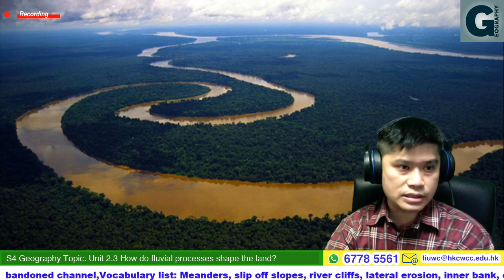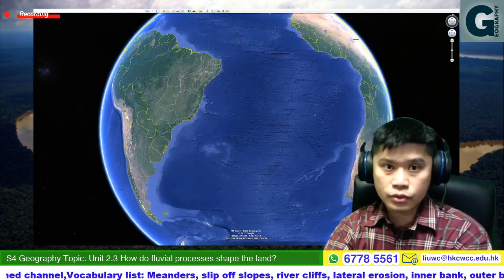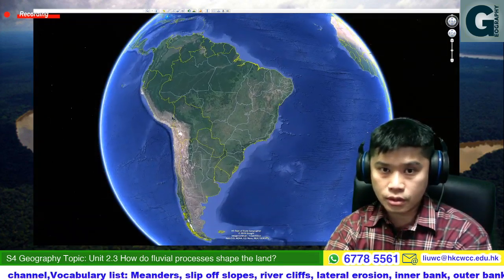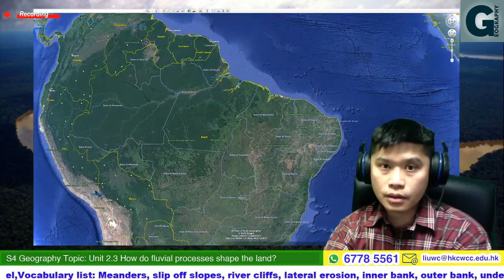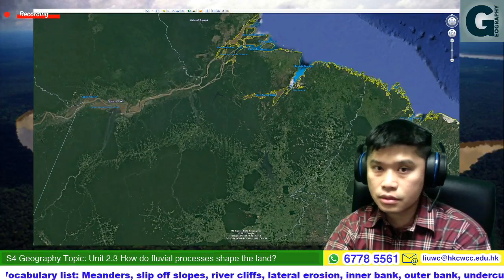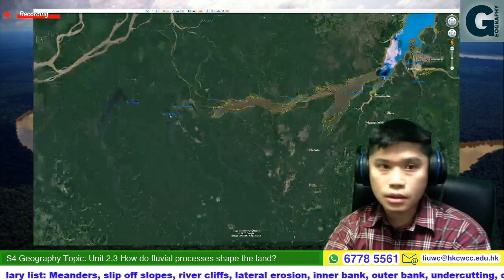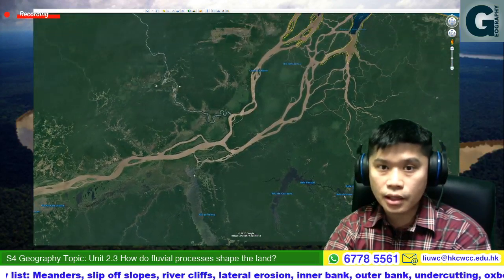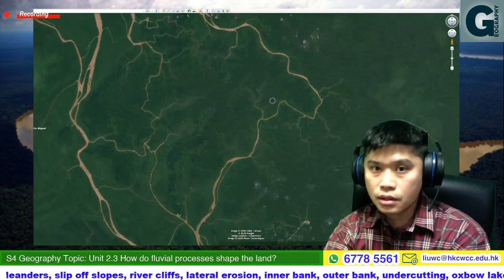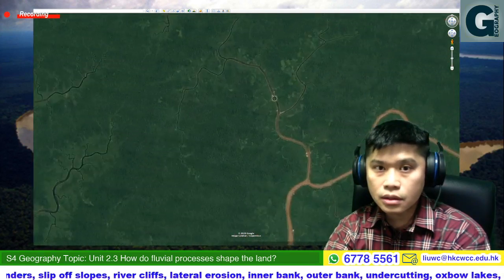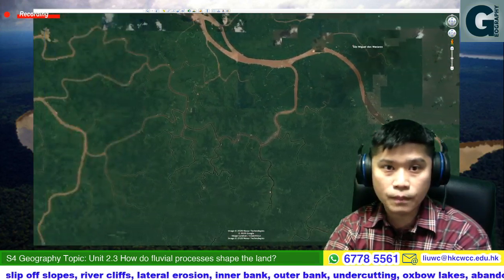Okay, so let's have a look. We go to the Amazon, we go to Brazil. Let me pick, it should be here. This one is a little bit large. Don't expect that the oxbow lake would be very, very big.